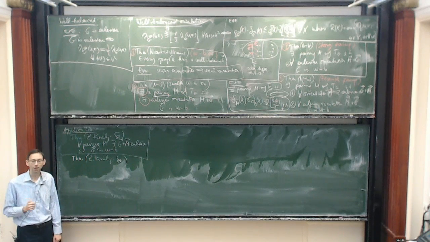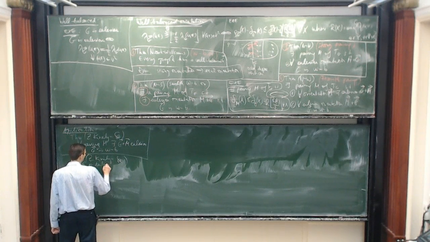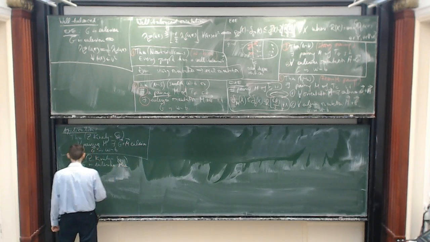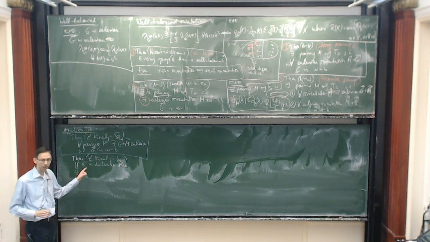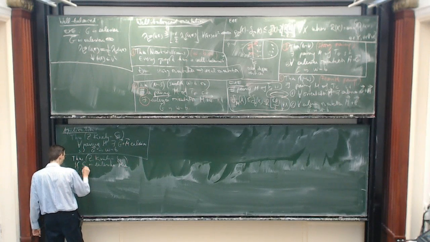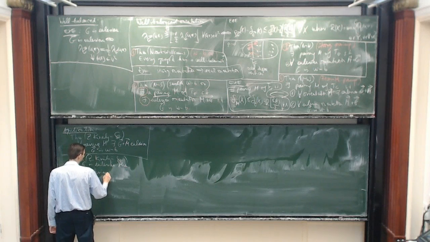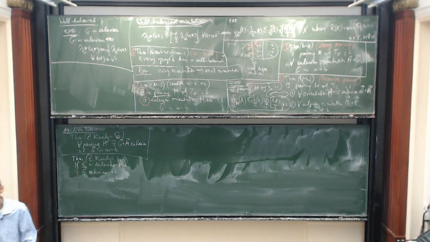If you have an Eulerian graph, then there exists an Eulerian orientation of this graph such that for every vertex V, if you delete this vertex, what you have is a well-balanced orientation of the remaining graph.